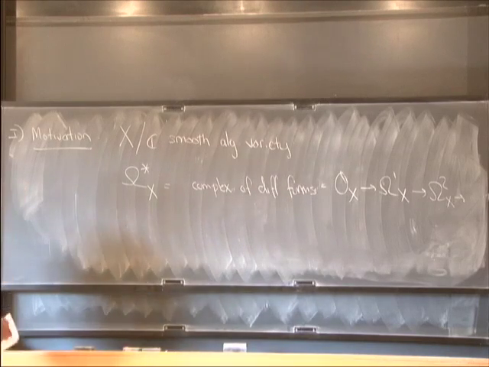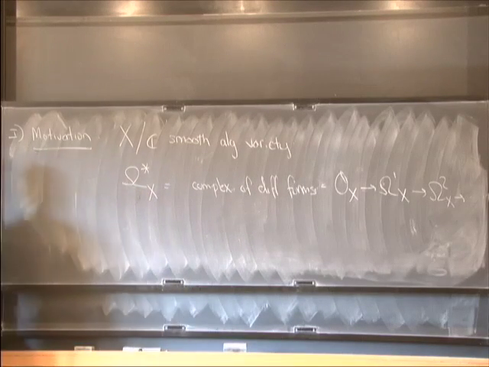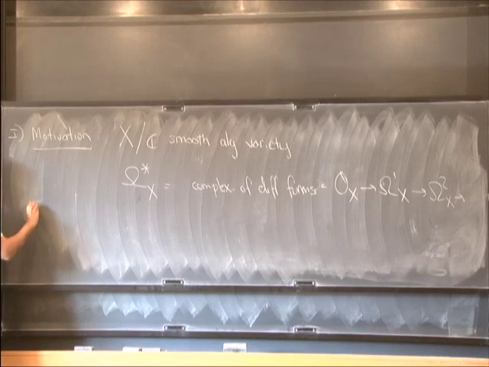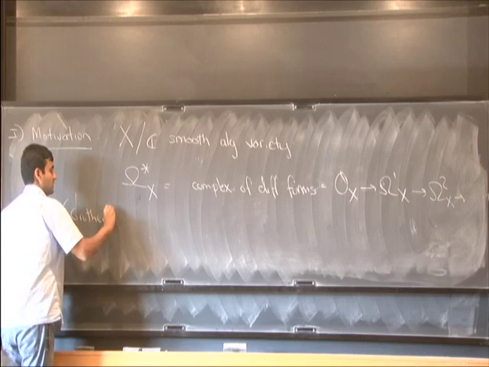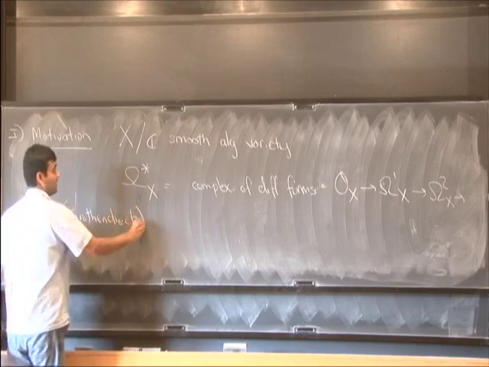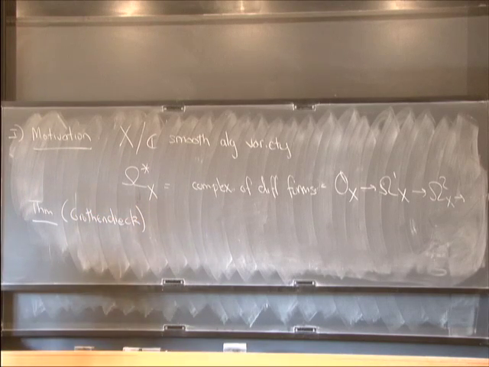The cohomology of this complex is called algebraic de Rham cohomology. And the fundamental theorem about this is an old theorem of Grothendieck. It identifies what the cohomology of this complex is.